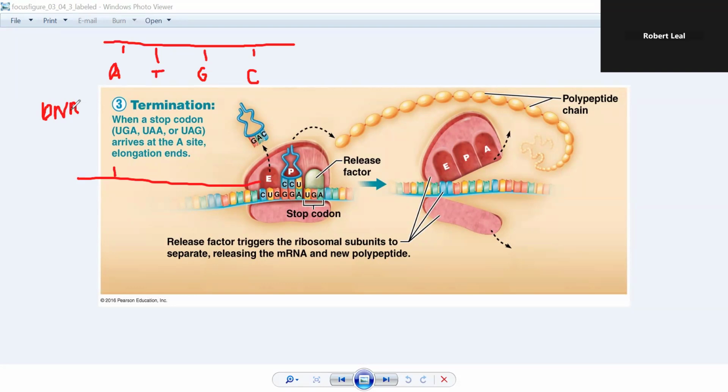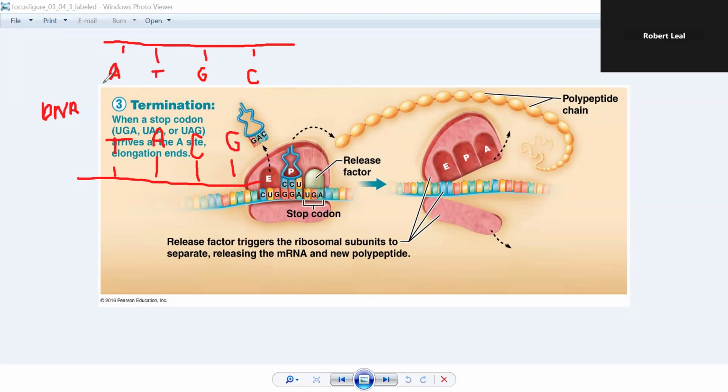Adenine will always pair up with thymine. Here's thymine, so I'm going to put adenine, A to T, and guanine will always pair with cytosine, G to C. So here's cytosine, and the complementary strand of DNA would be guanine.